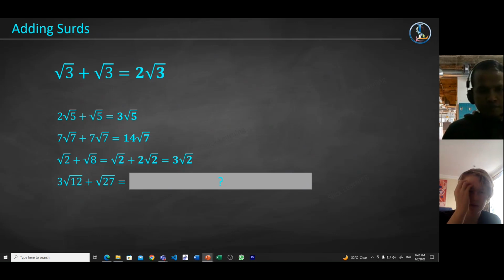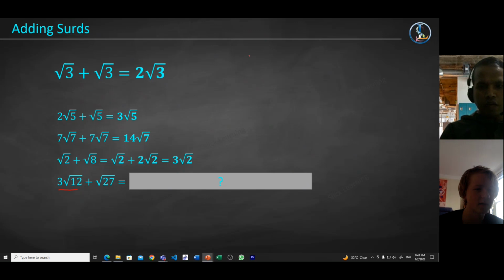Wouldn't you simplify them down to 3s? Yeah, 3s. So that would be 4. So 7 square root 3 plus 9 square root 3.